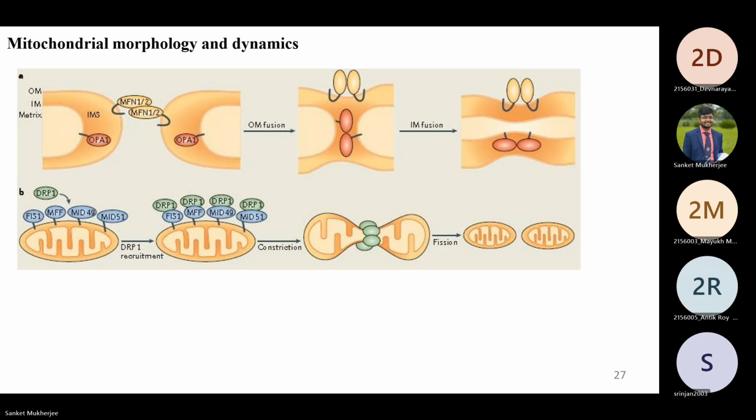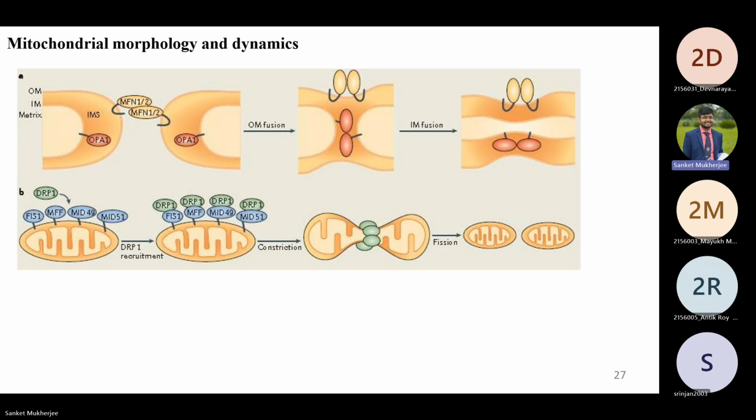It undergoes fusion and fission. There are various proteins involved. MFN stands for mitofusin, the mitochondrial fusion protein. MFN proteins are important for fusion of two mitochondria together.